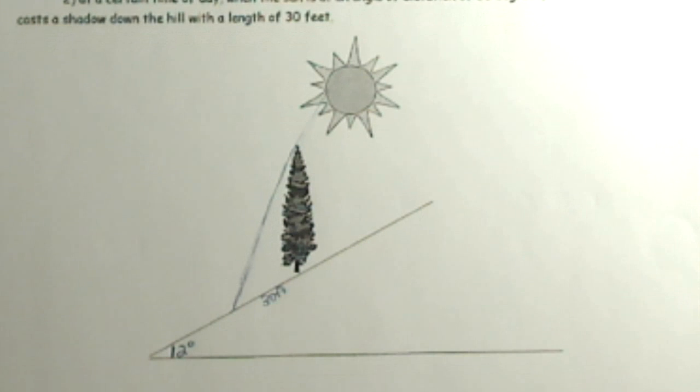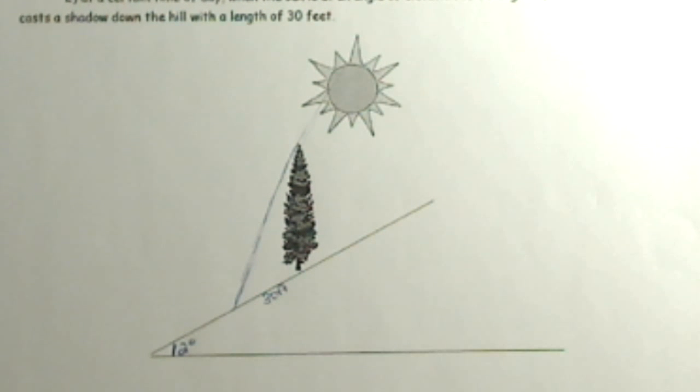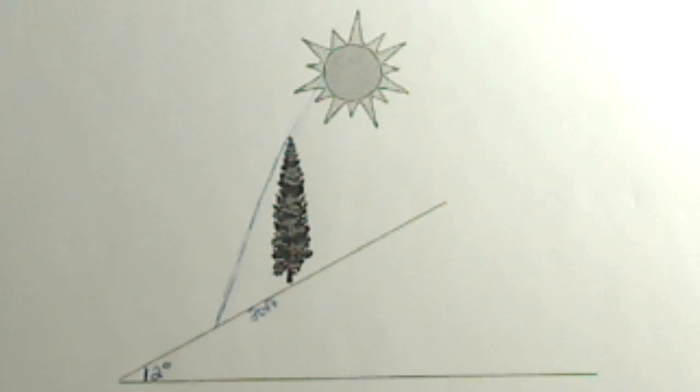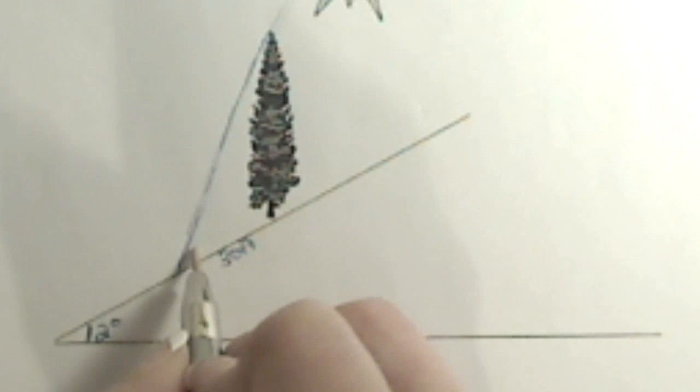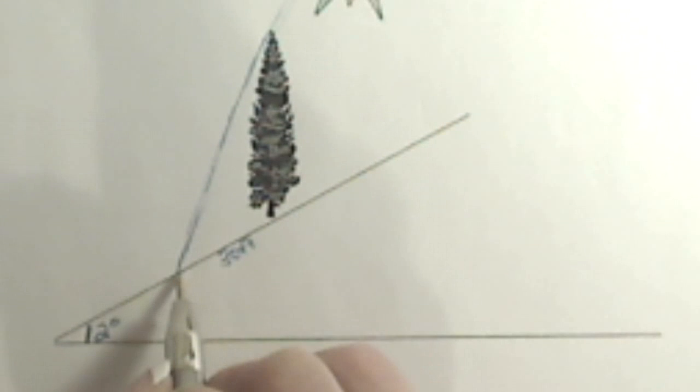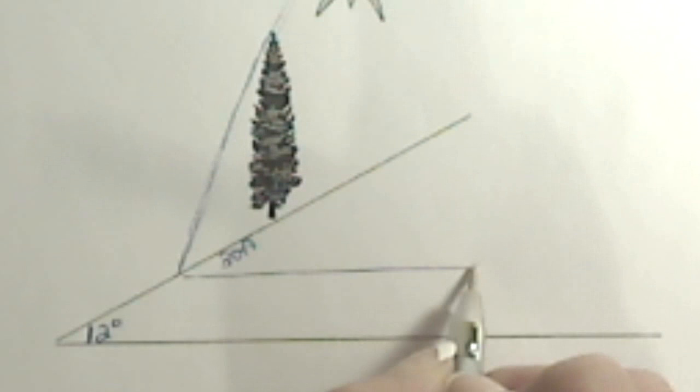Now here's the part that a lot of people typically will get wrong. They will tend to put the angle of elevation in the wrong place. So if this is 30 feet right here, they'll say the angle of elevation is 80 right here. But if you remember, an angle of elevation is always from the horizontal.